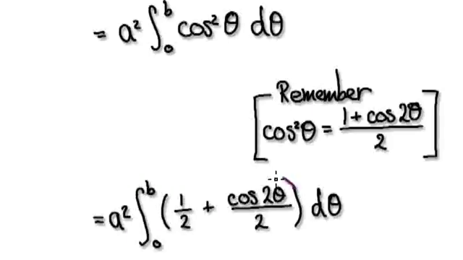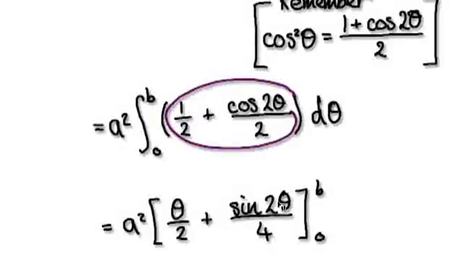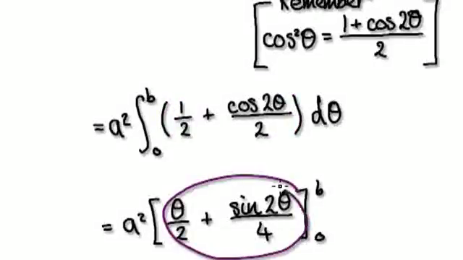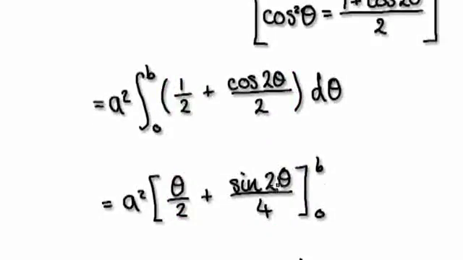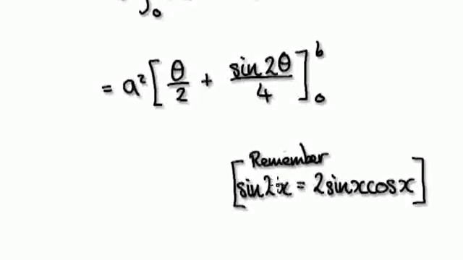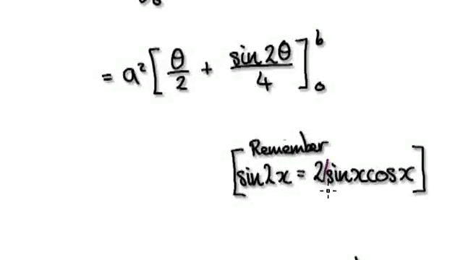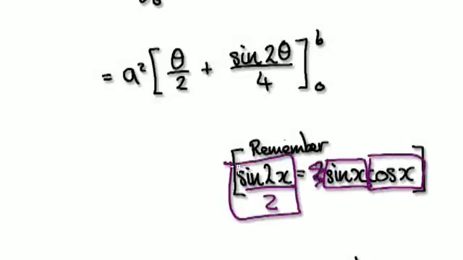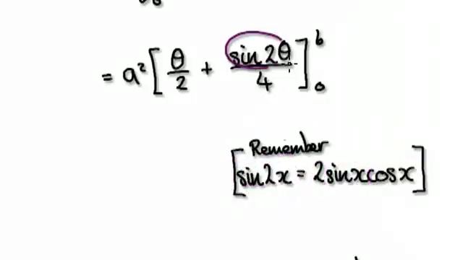Okay, so now this thing here is easy to integrate. Integrate this, and it will then give you this. Remember that whenever you have sine x times cos x, you can jump to this. Here you've got this, and here you've got this.